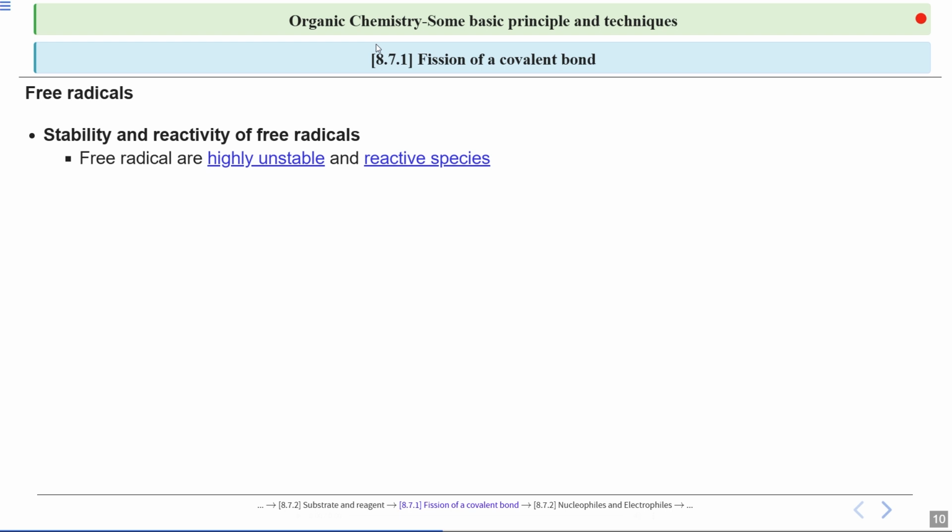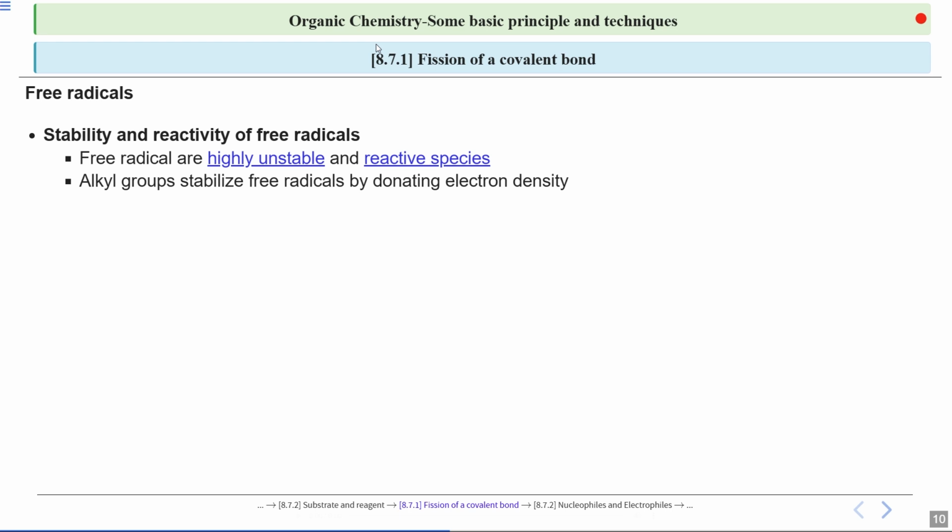The reason is the incomplete octet of carbon. Although it is unstable, it can be stabilized to a small extent by the introduction of some groups. If you introduce more and more alkyl groups to the radical carbon, it will be stabilized due to the donation of electron density onto your carbon.